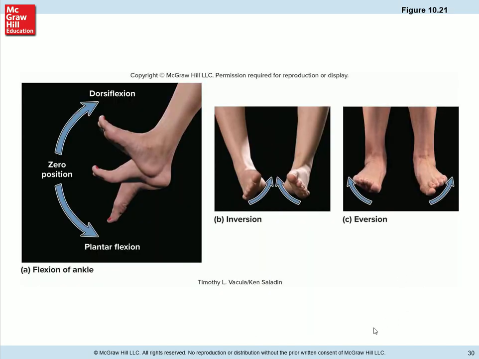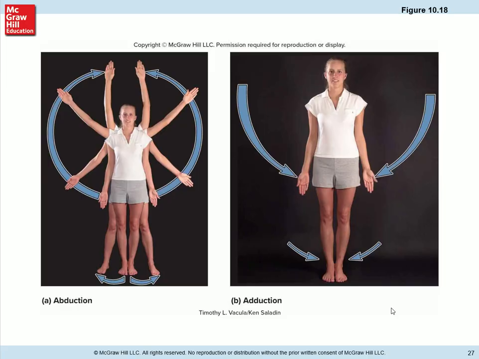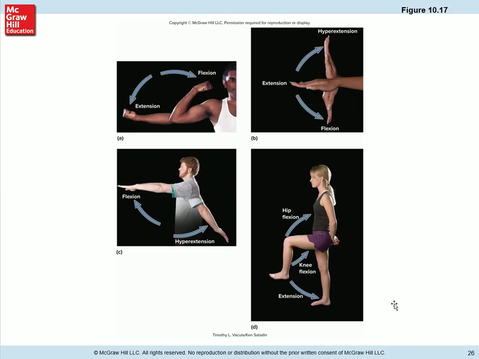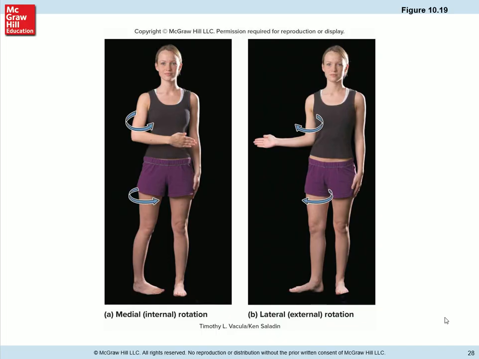So you can just go over these, look through these again, just to remind yourself of the different types of motion, because you are going to be asked to know these on the quiz.